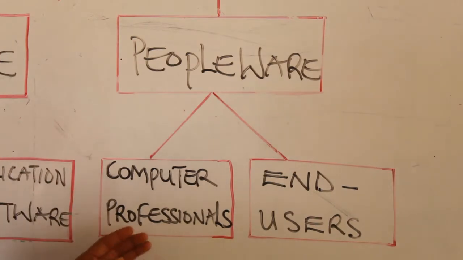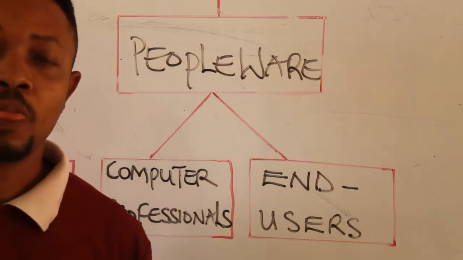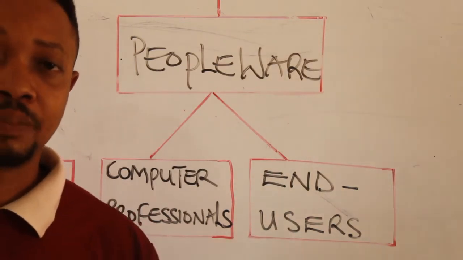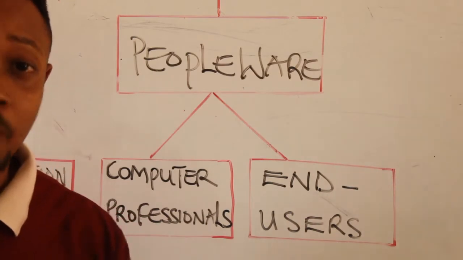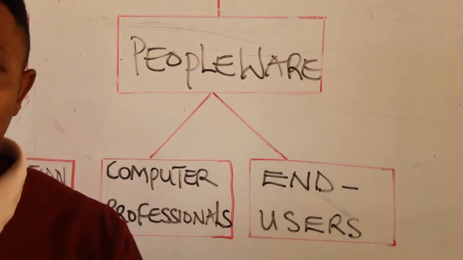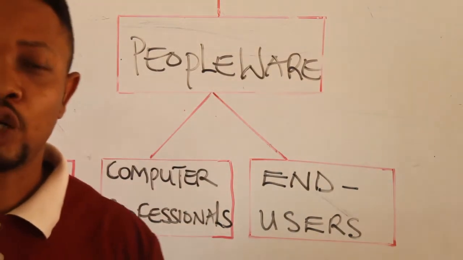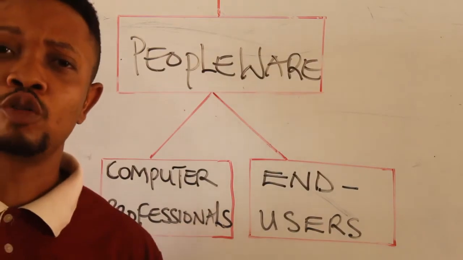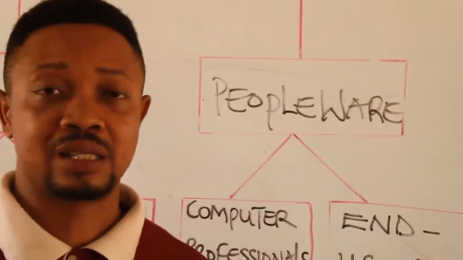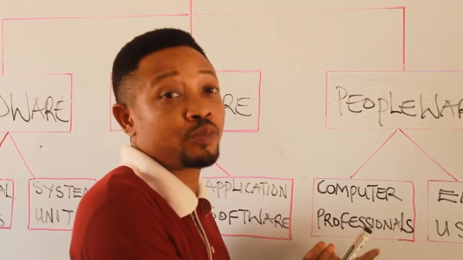Some examples would include a computer scientist, a computer programmer, a network administrator, a database administrator, and computer operators. There are also people who are called data entry clerks. They are the people that fall under computer professionals.